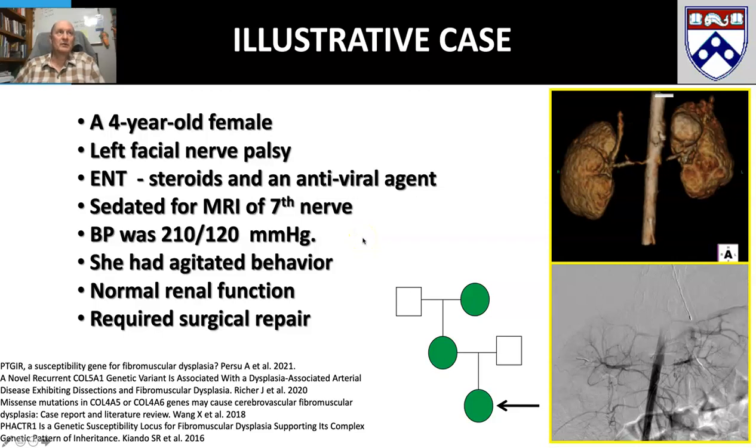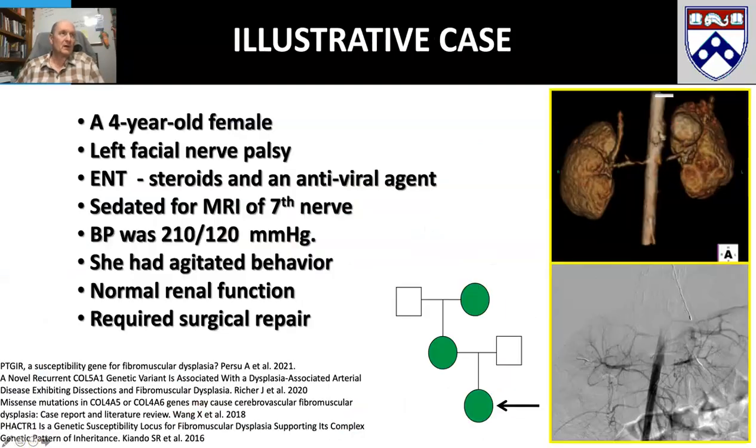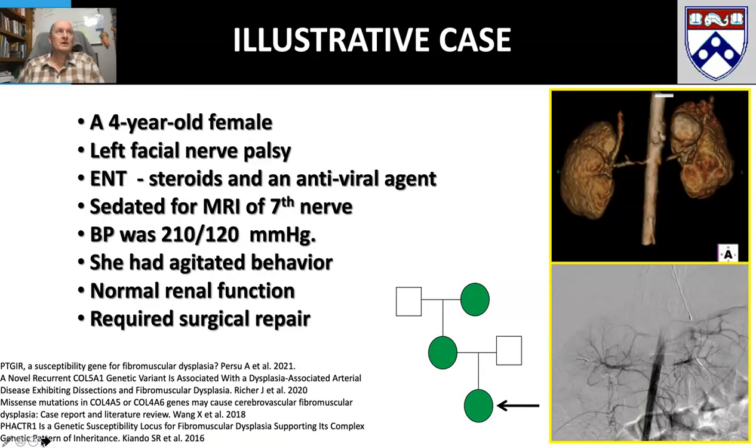Here's another child whom we saw when she was 4, and she had a left facial nerve palsy. She was given steroids and an antiviral agent by the ear, nose, and throat doctor, and went for a sedated MRI to see what was going on with the nerve that is involved in facial nerve palsy, which is the 7th cranial nerve.